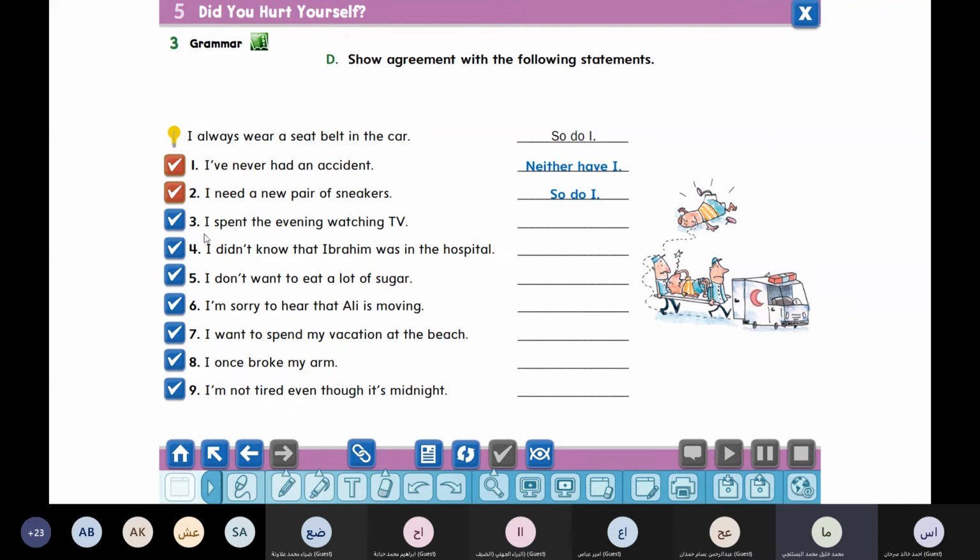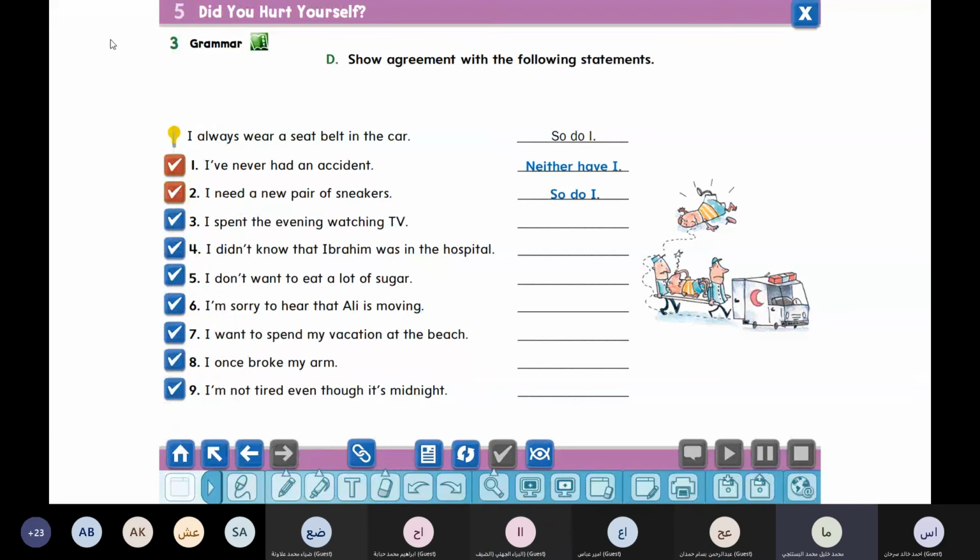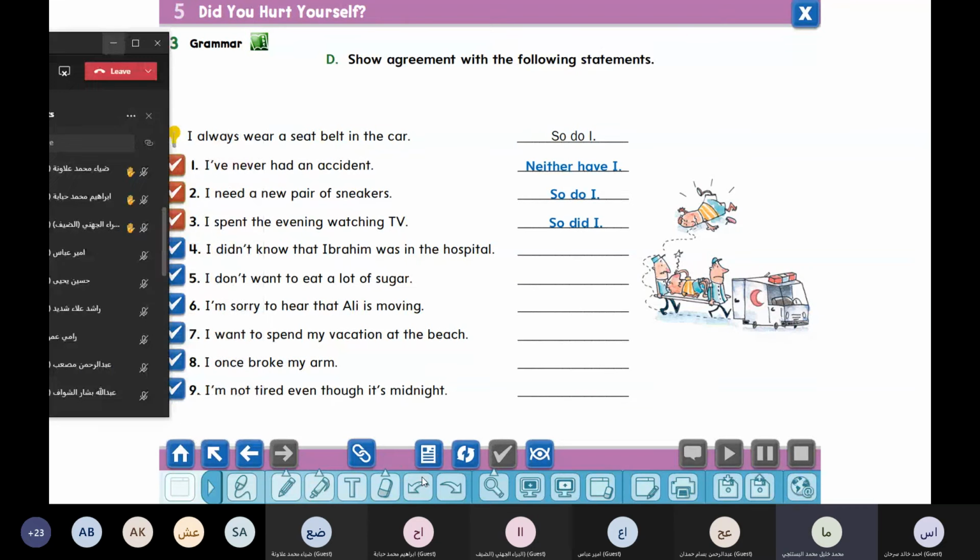Number 3, spent. This is past. Who can do it? Yalla Baraa. I spent the evening watching TV. So did I. Very good. Here we have affirmative and in the past, so we put so did I. Next.